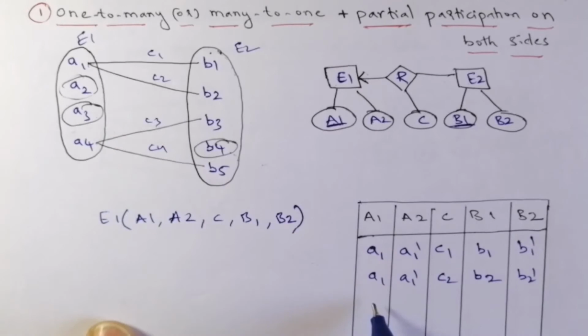Next for A2 we don't have anything, so A2 A2 dash, null null null, right?